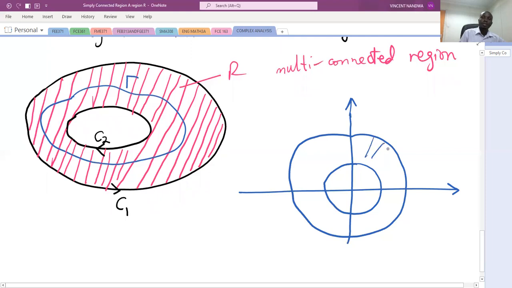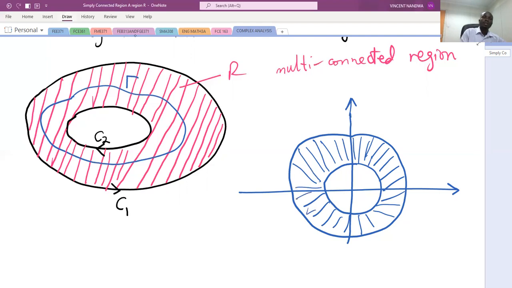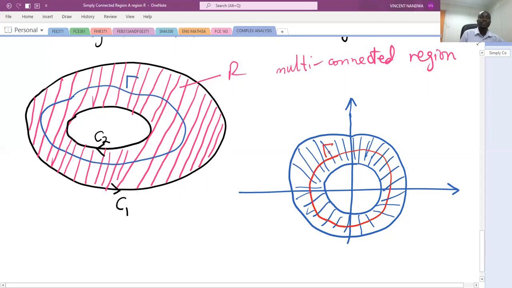So this region between these two circles is a multi-connected region, because if you draw a simple closed curve gamma in this region, then there's a possibility of shrinking this curve to a point outside the shaded region.